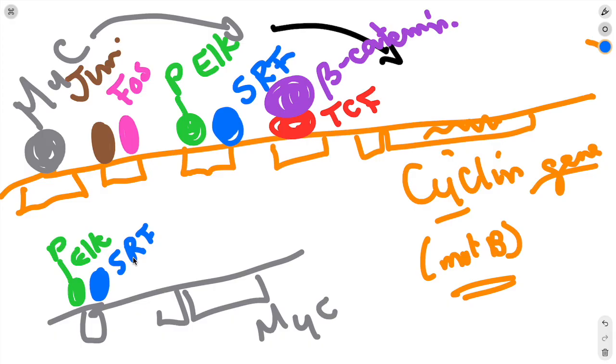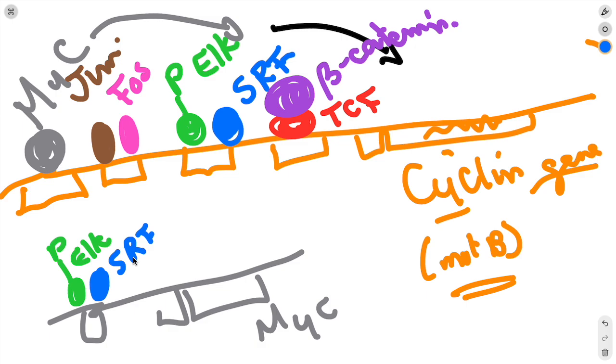And beta-catenin is a transcription factor, but it's a co-regulator. It does not have its own DNA binding domain. It's going to bind on another transcription factor, and the transcription factor it binds on is TCF. So TCF is already there in the absence of Wnt.